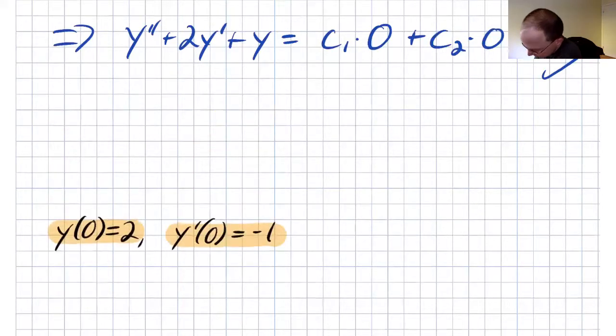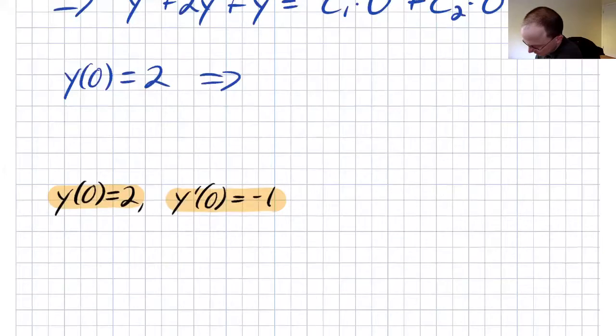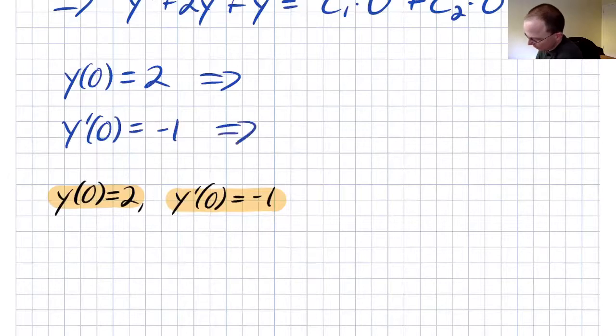Maybe I'll just write them down here. So we have y(0) equals 2, and then we'll figure out what that means. And we have y'(0) equals -1, and we'll work that out.